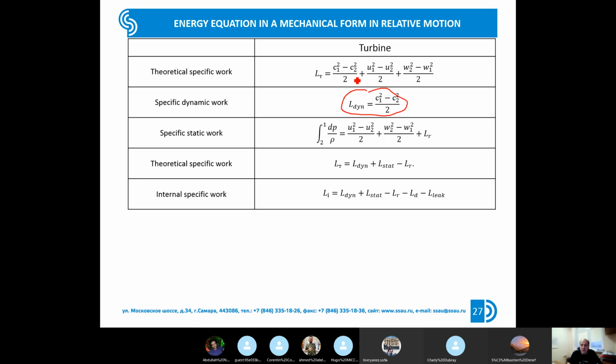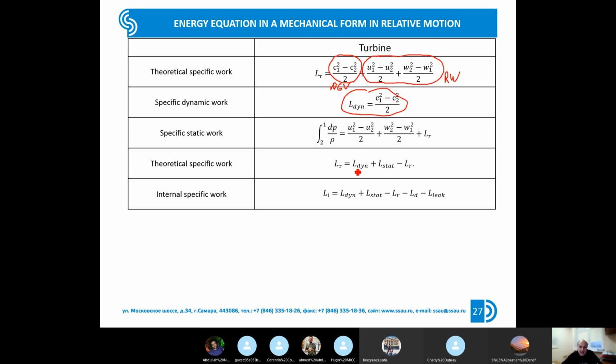This energy of the flow is transferred to mechanical work, mostly in the nozzle guide vane. And this part, the static specific work, is transferred to mechanical work mostly in the rotor wheel.